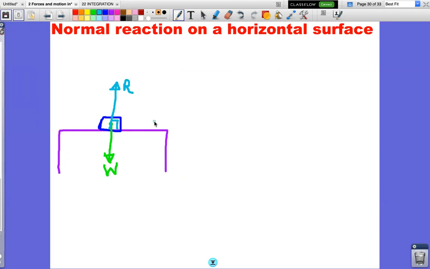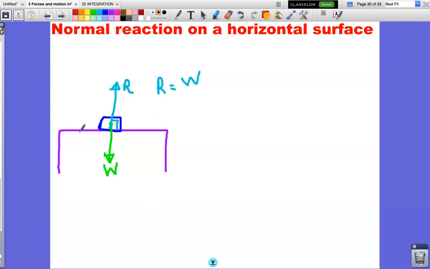And since this book is not accelerating up or down, it means that the normal reaction is equal to the weight, right? So the magnitude of the normal reaction will be the same as the magnitude of the weight. A lot of times, students think that anything that is lying on a horizontal surface, the normal reaction is equal to the weight. That is not always the case.